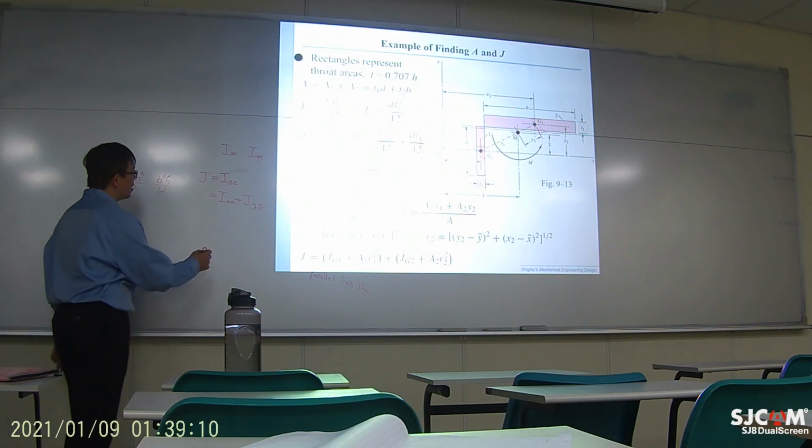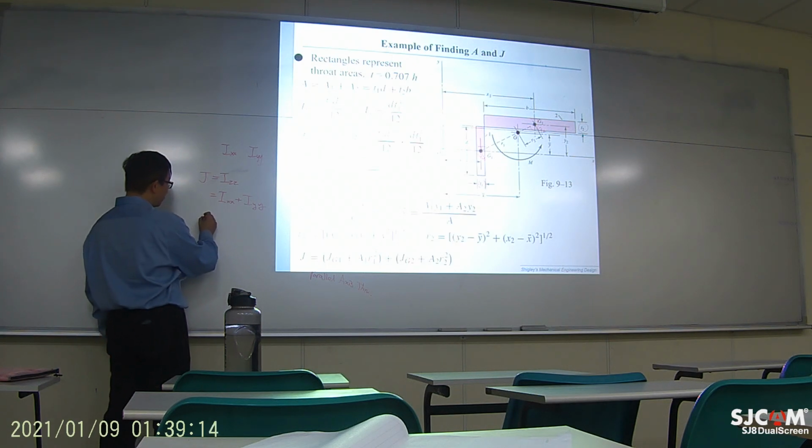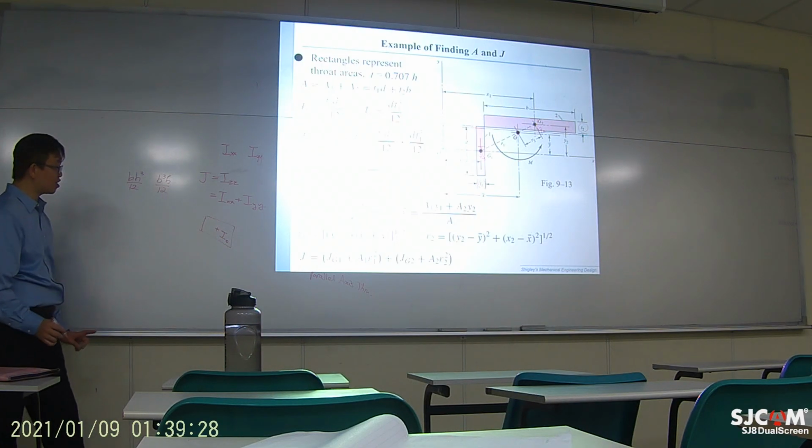So for moment of inertia, if you have an area and you compute the moment of inertia about its own center, that's the original, you can say it's like I_O.